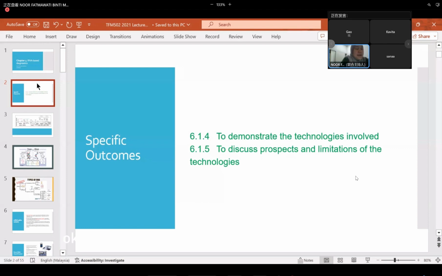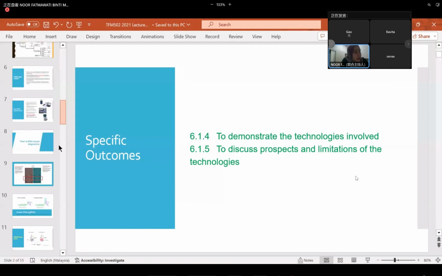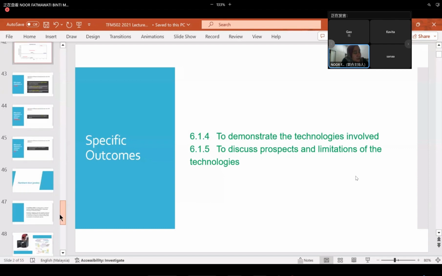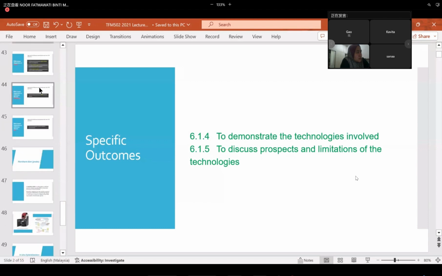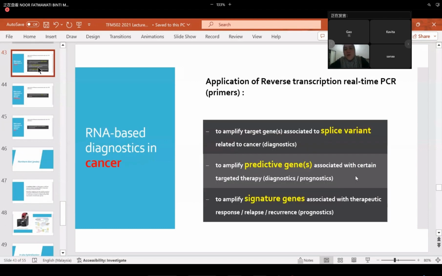Another thing that I want to highlight, since you asked: when you say diagnostics, there are many types of diagnostics.